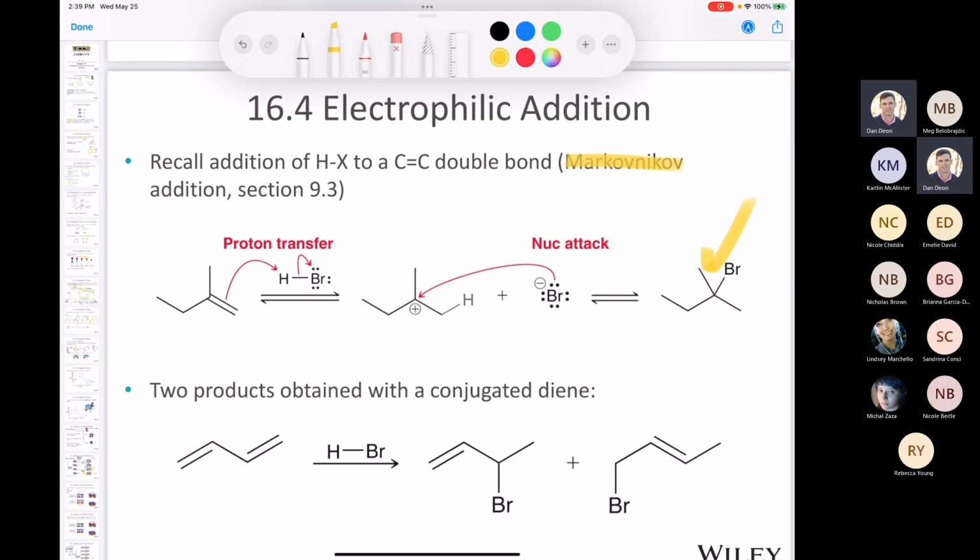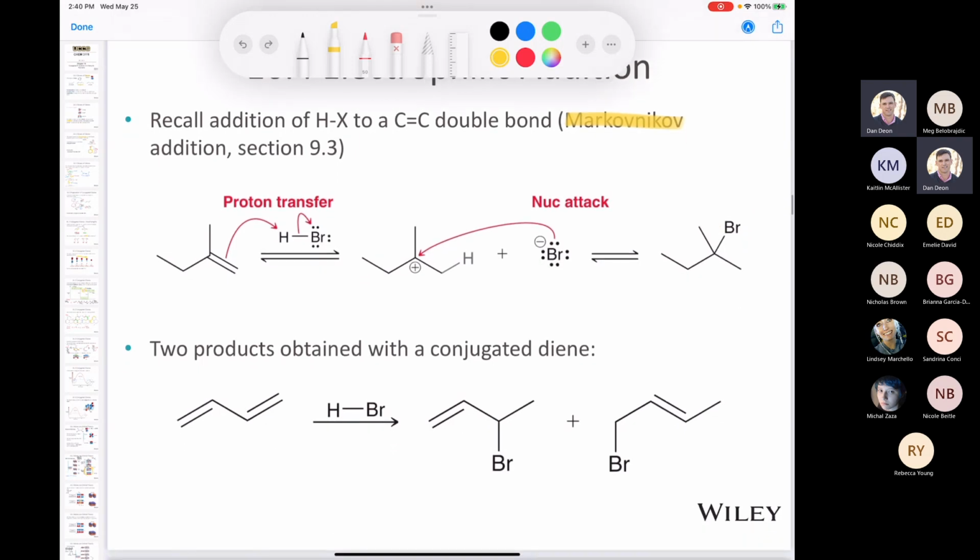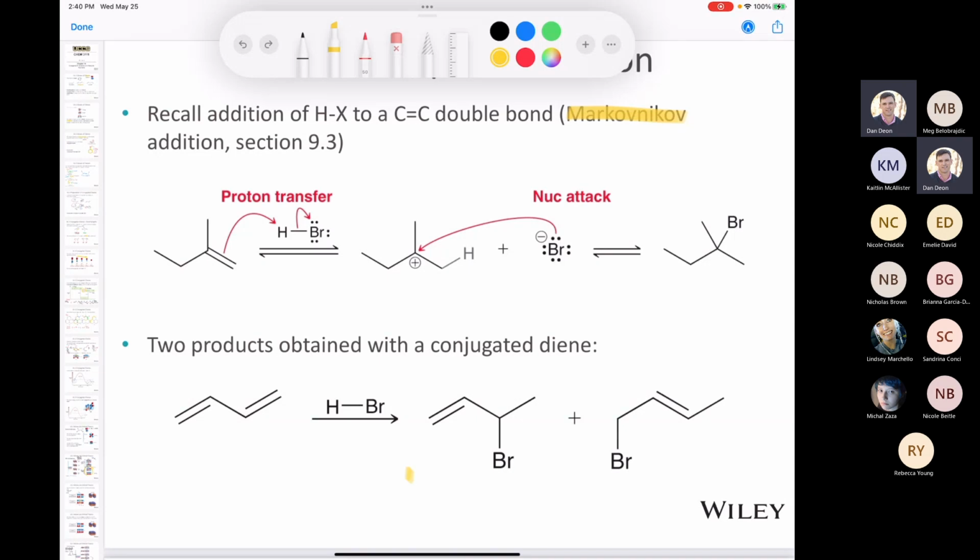But if you try the same reaction or something similar with a conjugated diene, in that case, we get a mixture. We get 2 products. Now, if we were to number the carbons like this, 1, 2, 3, 4, you can see that you added a proton here, and then you also added the bromine here, we call this the 1,2 adduct.